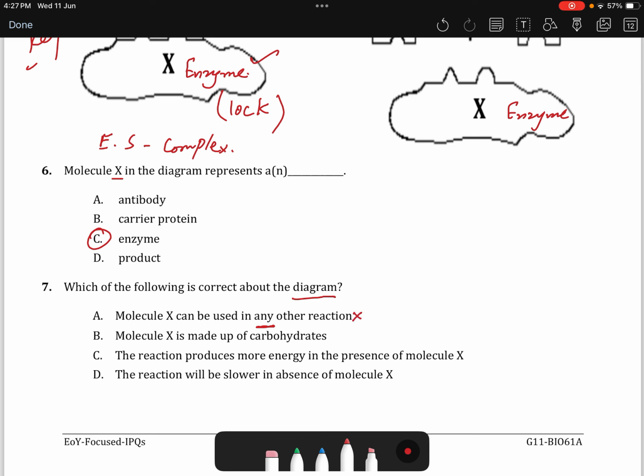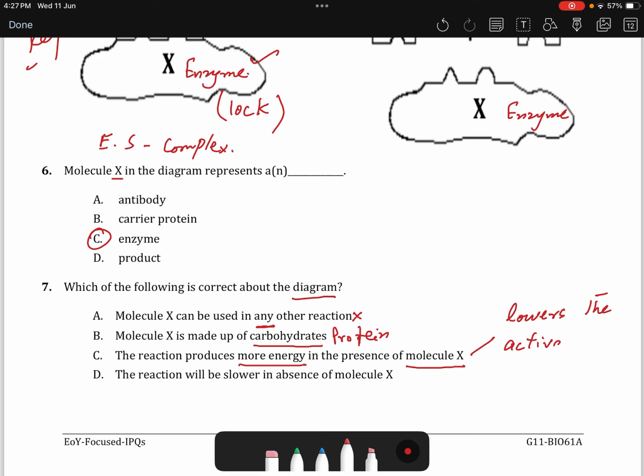We go to the second one. It's not any, it's an. Molecule X is made up of carbohydrate. No, we already said it's protein. Then the reaction produces more energy in the presence of molecule X. No, we don't have to work on the production or release of energy. In the presence of molecule X, we only focus that molecule X lowers the activation energy.